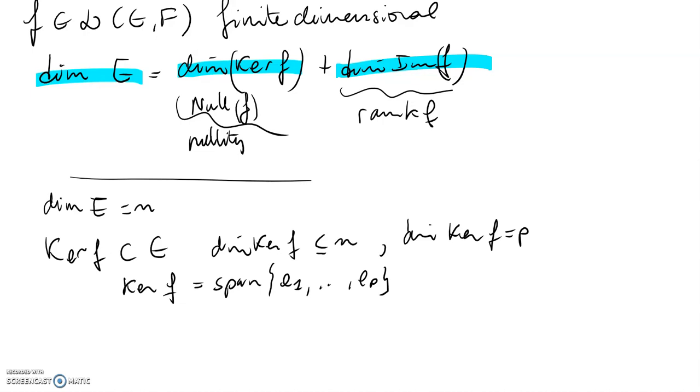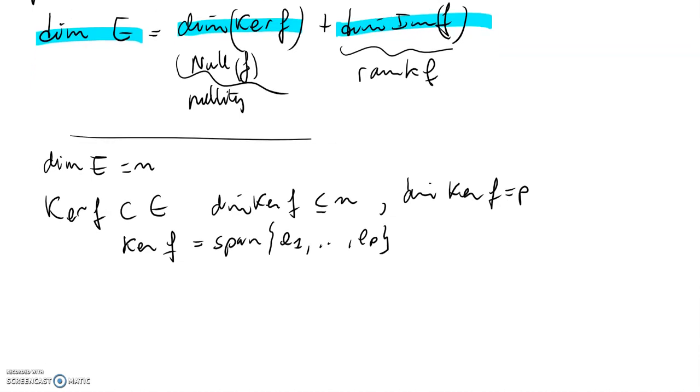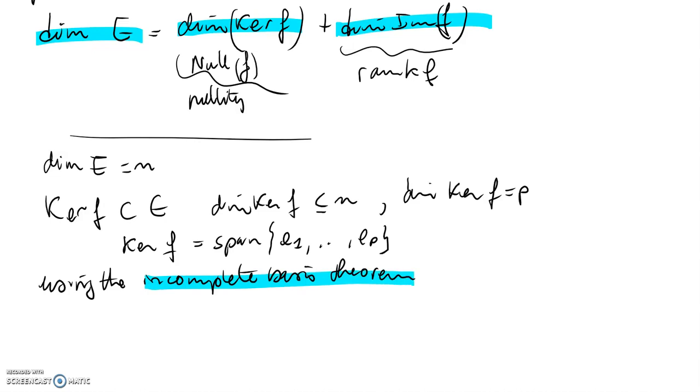One of the theorems that you should remember from, I think, the first lesson that we saw, is called the incomplete basis theorem. This theorem tells you something that is actually very intuitive.